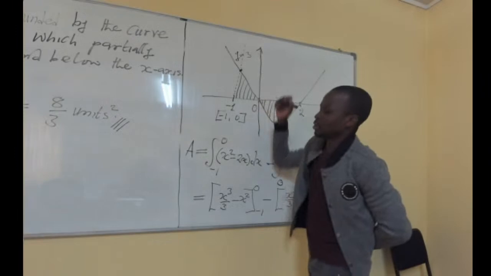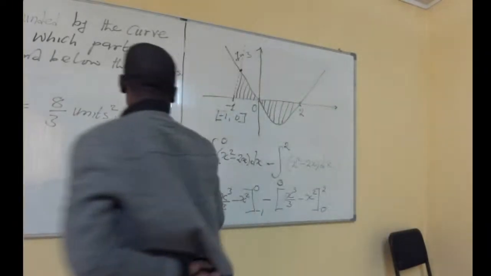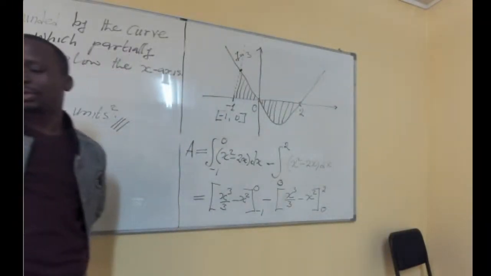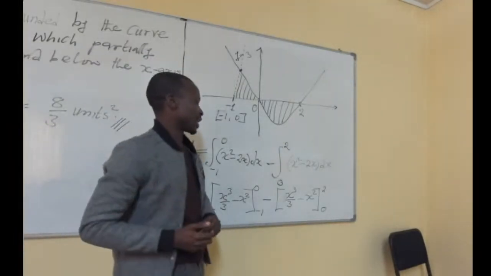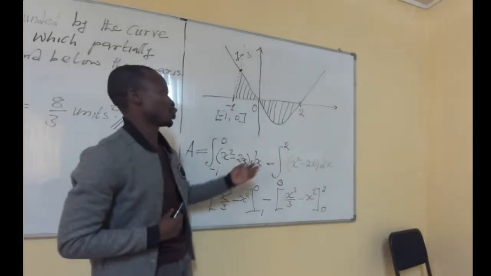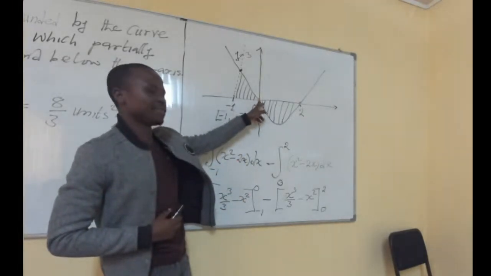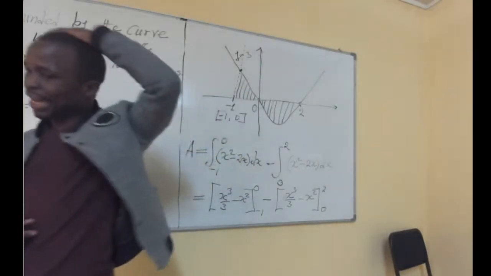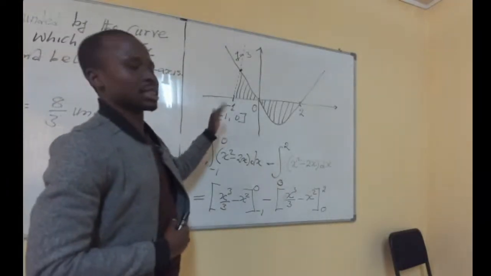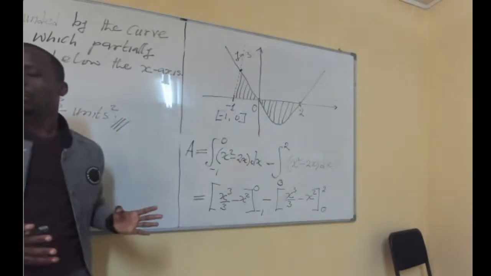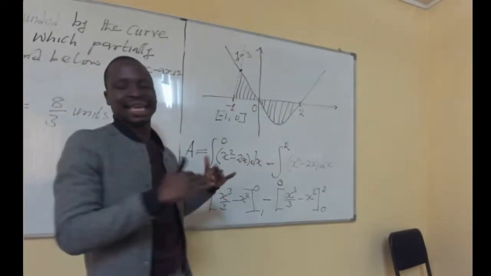So your main goal is not to look at the y values. It's not that the only limits of integration you need are those x values at which the y ordinate is equal to 0. No, yours is to look at the region which is being covered by the curve.